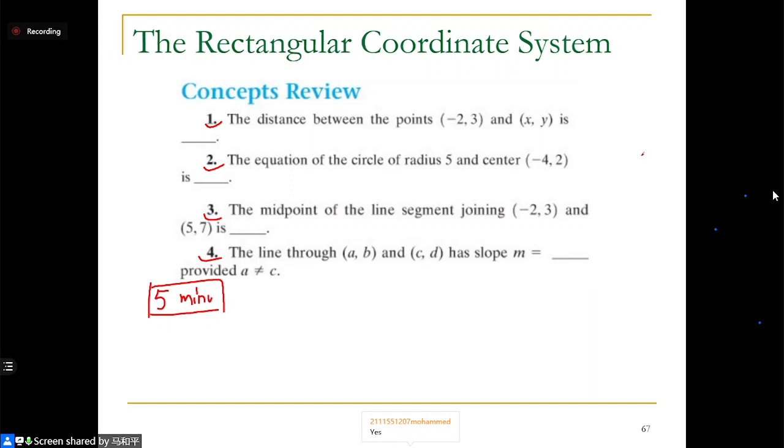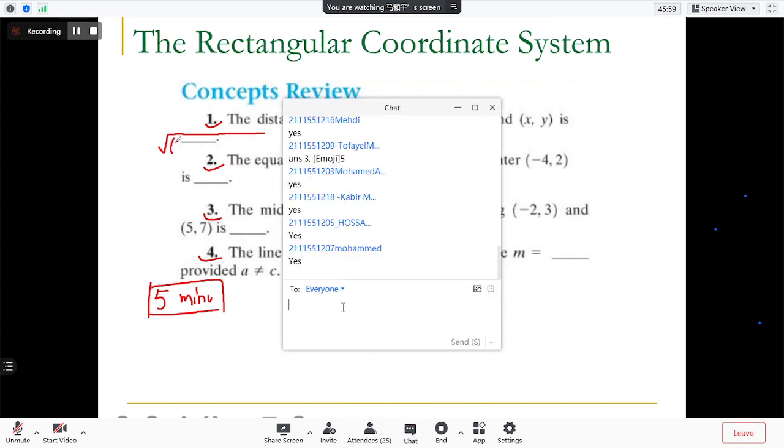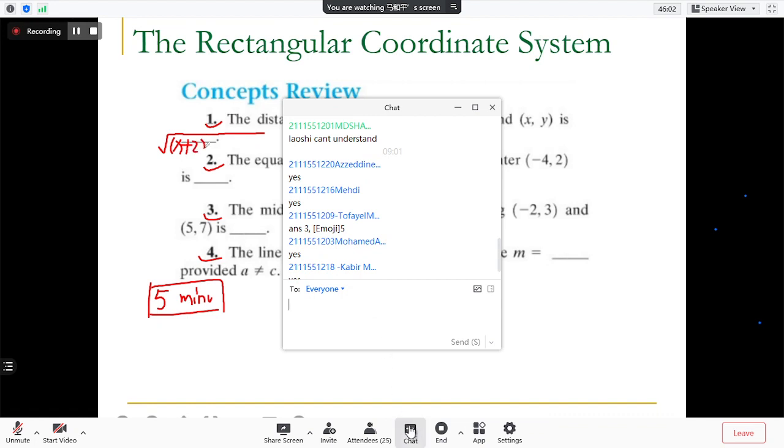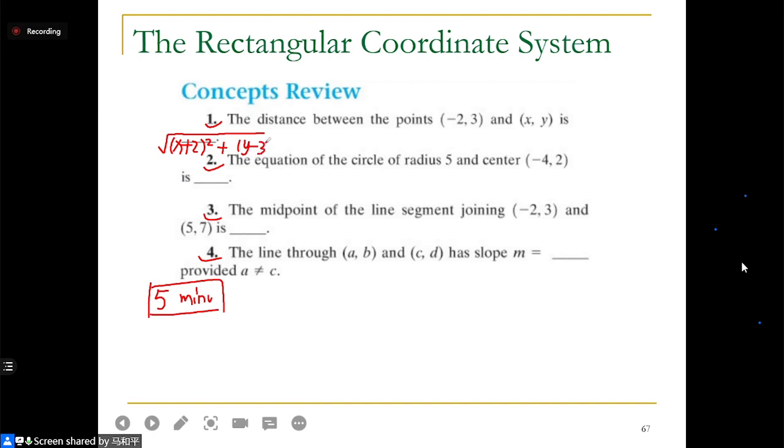We begin to explain them together. First one: the distance between the points (-2, 3) and (x, y) is? What's your answer? Remember the distance formula: the square root of (x + 2) squared plus (y - 3) squared.